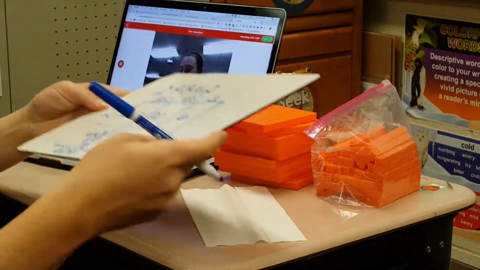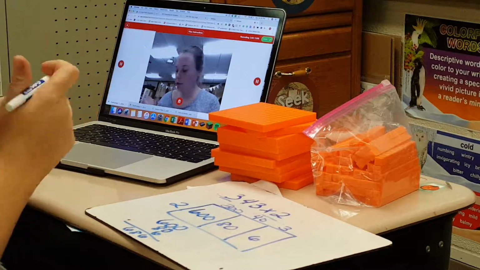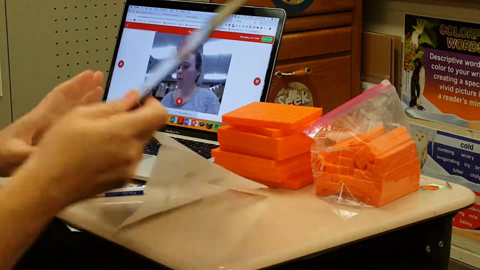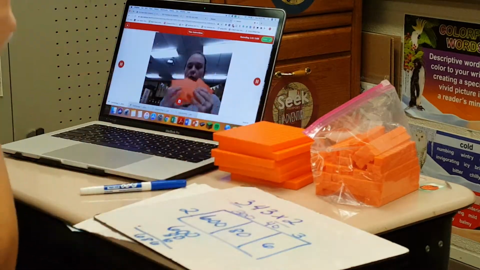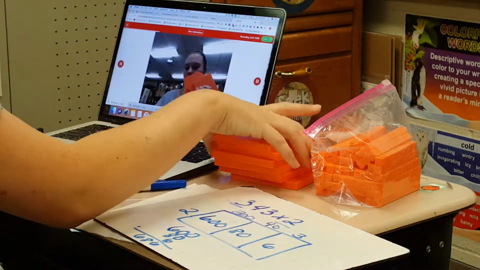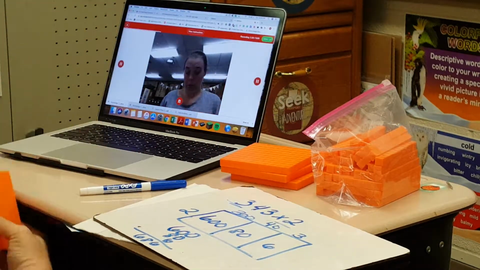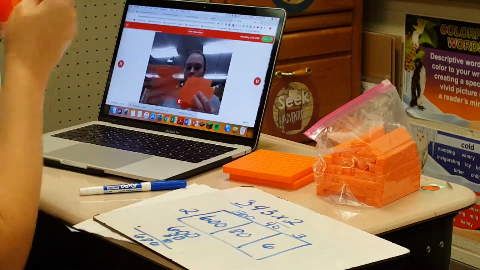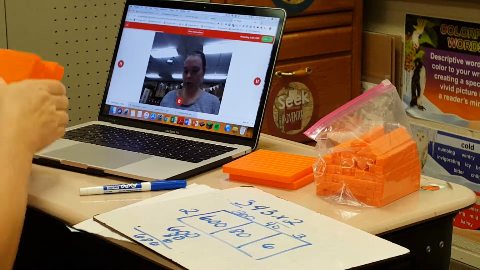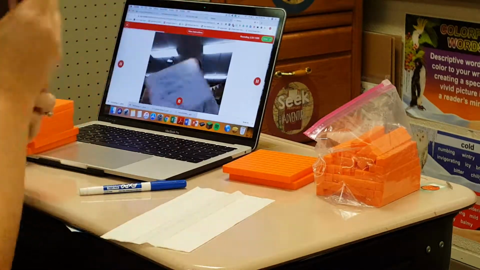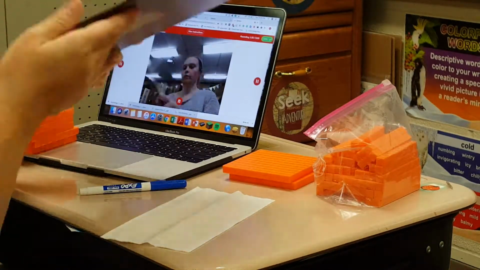And then to prove it using my base 10 blocks, remember we had 300, so I have 300, but I had 2 sets of those, so I have 2 sets, which would be 600, which matches what I have here.